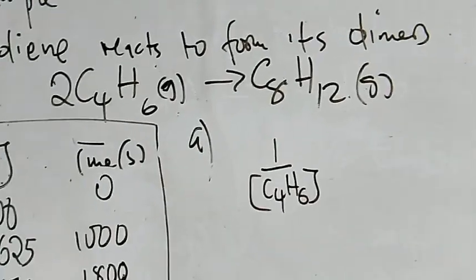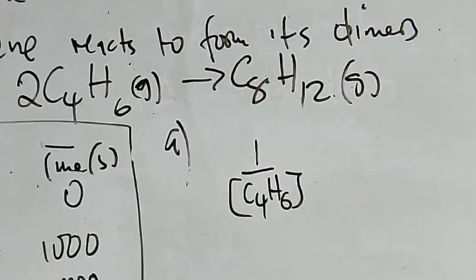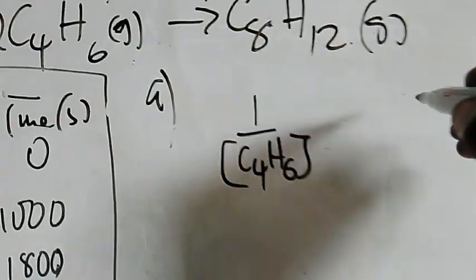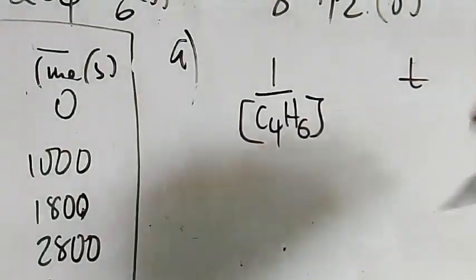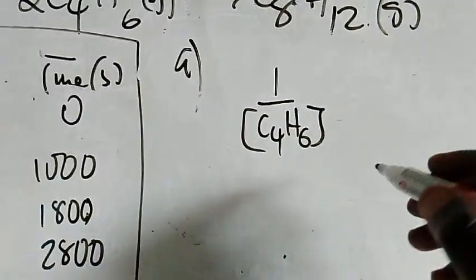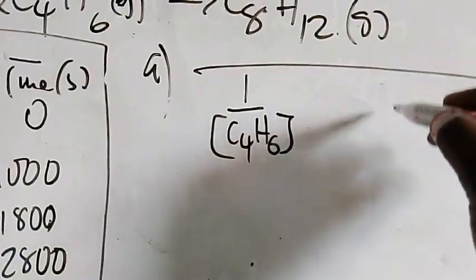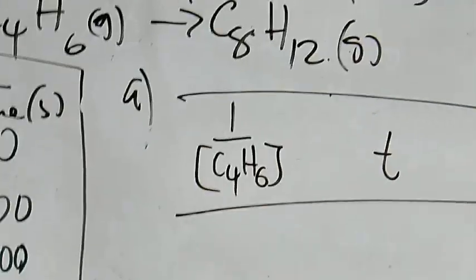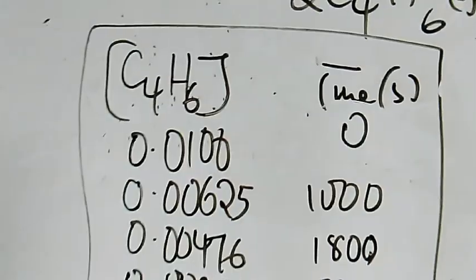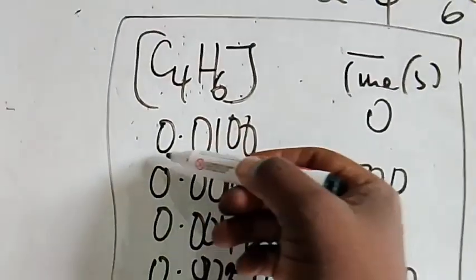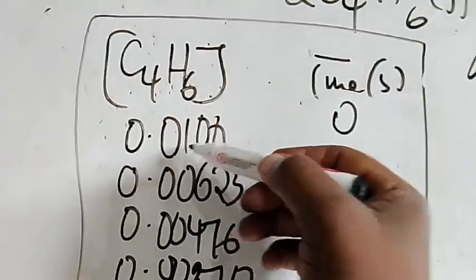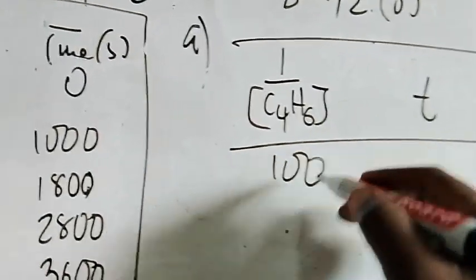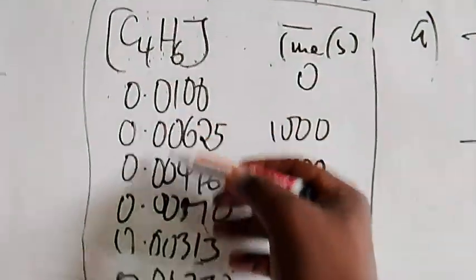We find the inverse concentration, then we have time this side. So we find 1 over concentration. 1 over 0.01 gives us 100. Then we do the same for all of them.